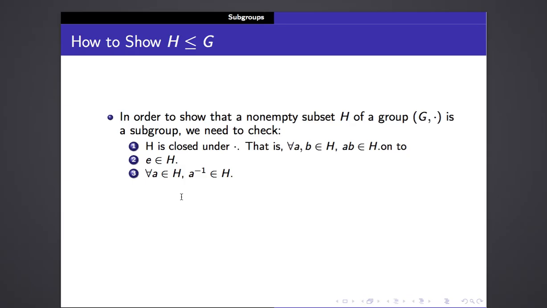One axiom is missing here, right? In the definition of a group, the operation has to be associative, but it is automatically satisfied. Why? Because H is a subset of G, and G is already a group. So you pick any three elements in G, and this operation satisfies the associative law. So we don't have to check that.